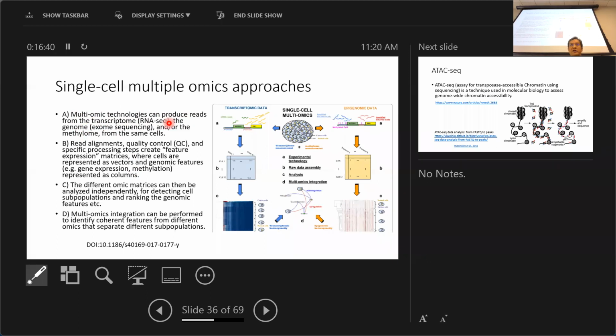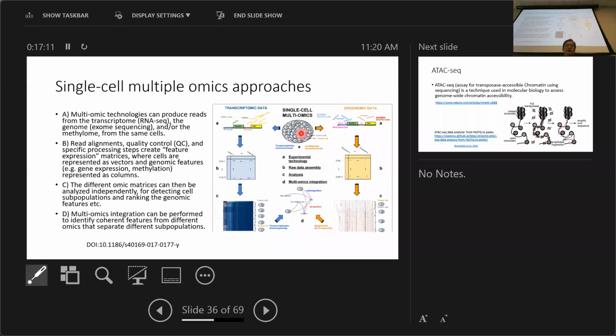Although there are techniques that can measure exactly the same cell, just like what we discussed last week about surface receptor type, most of the time you dissociate the cells and give the same population, the same sample, to different technologies.